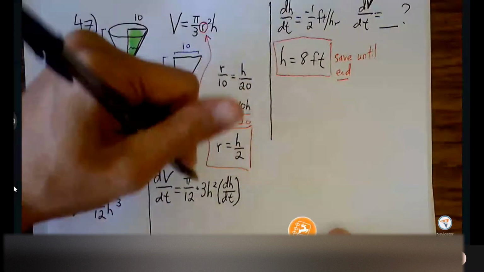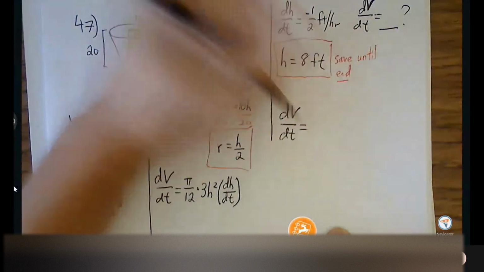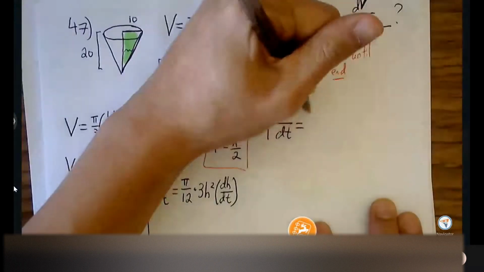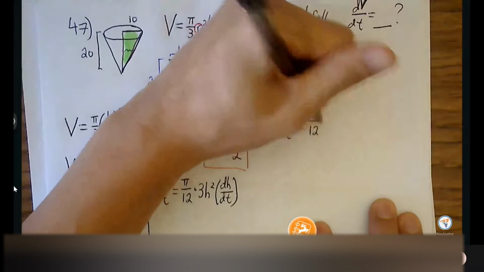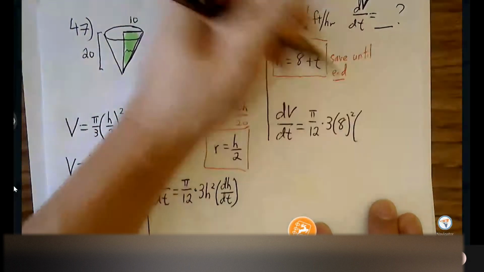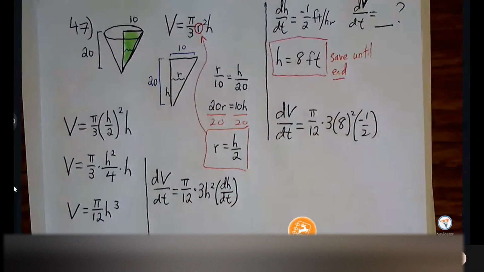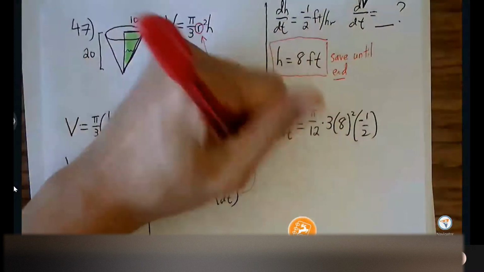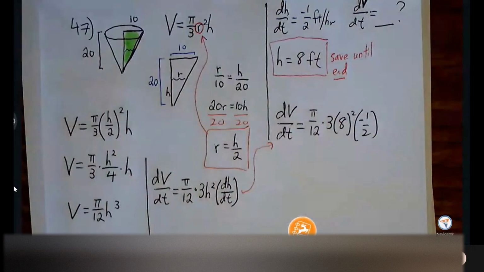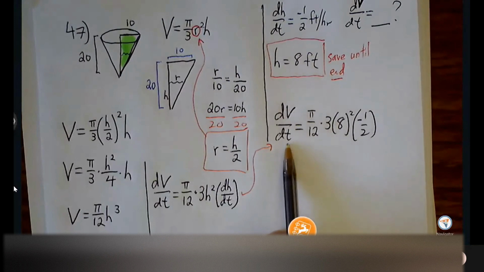So I can start plugging in, right? I have all the information that I need here to get my dV/dt variable. Everything is on the right side. We can just clean that up and get down to a number, and that's our dV/dt.